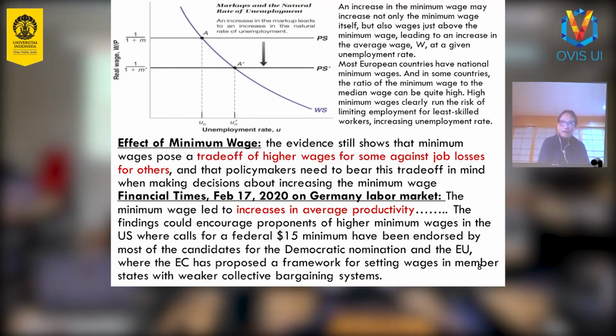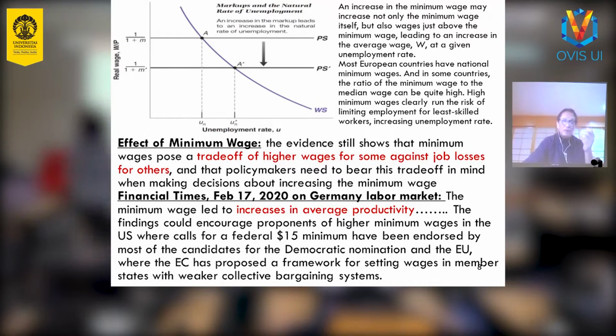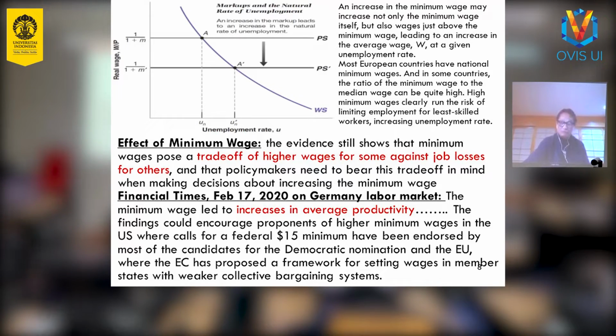If you are in that position, and let's assume the firm or the producers try to increase that markup, then this is what happens. The equilibrium moves from A to A prime. That means the rate of unemployment goes up.